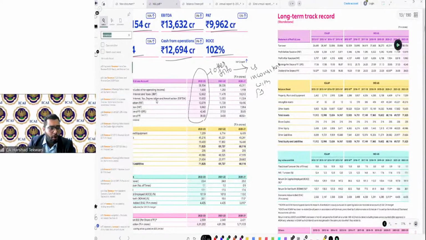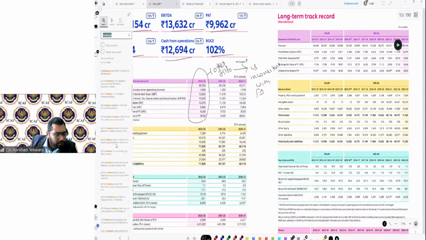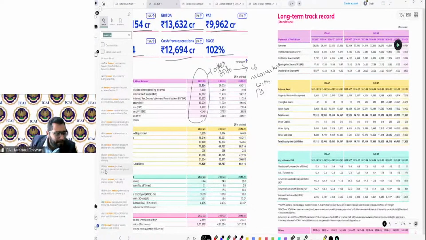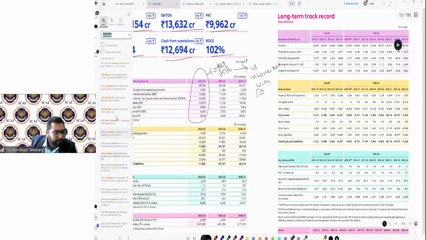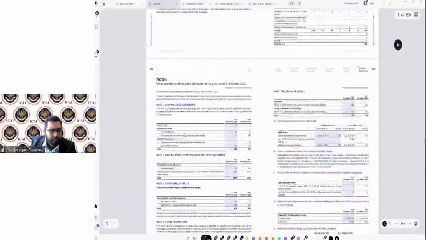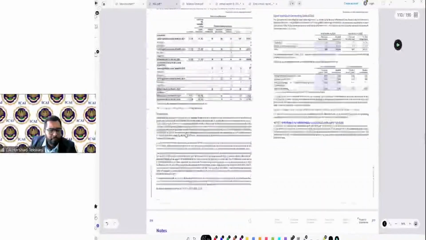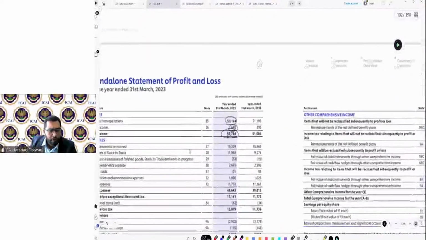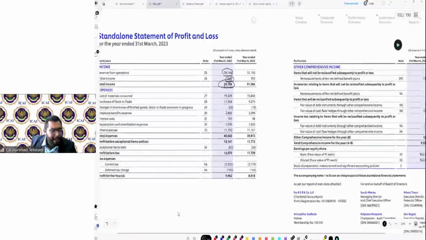And if I go to the auditor's report, meaning the financial statement, I need to compare that with my EBIT presented over here.